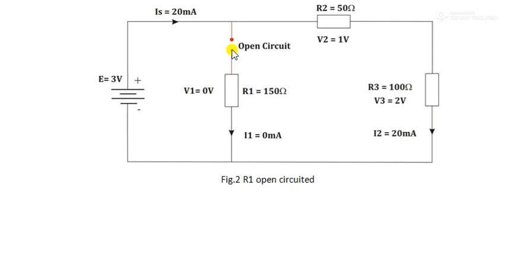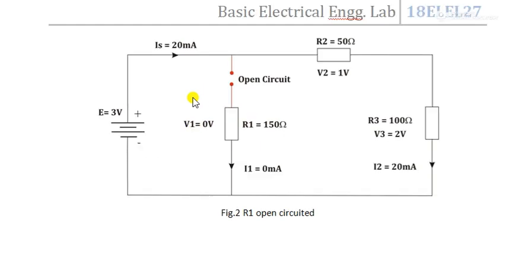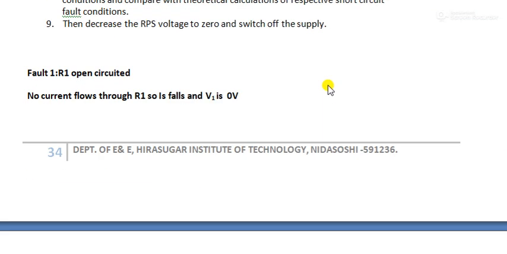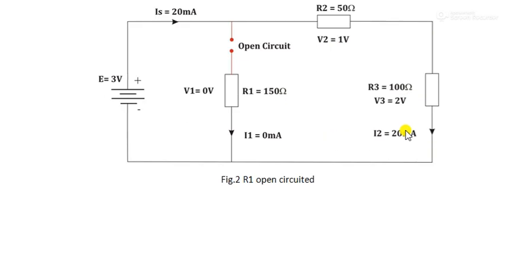For example, the current changes to 20 milliamperes instead of 40, V1 will become 0, I1 will become 0, V2 is as it is, 1 volt, V3 is 2 volts, and I2 will be 20 milliamperes. So some values will change as the fault is created.